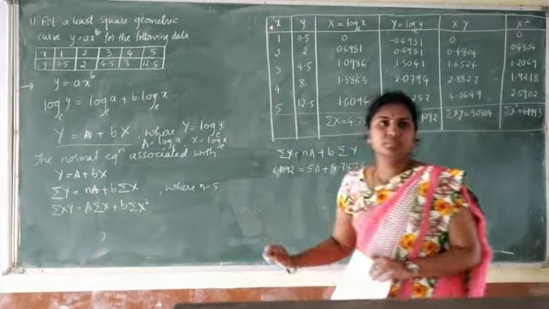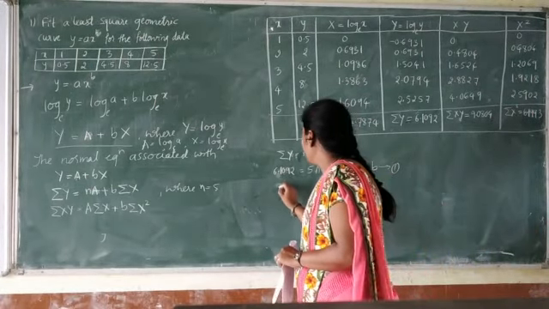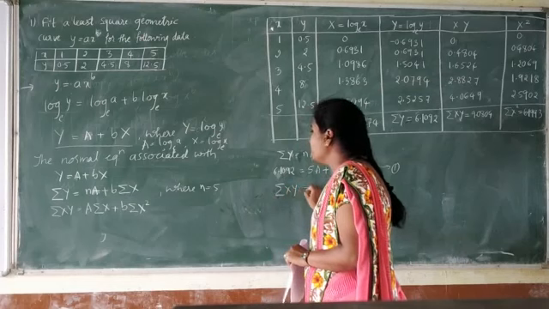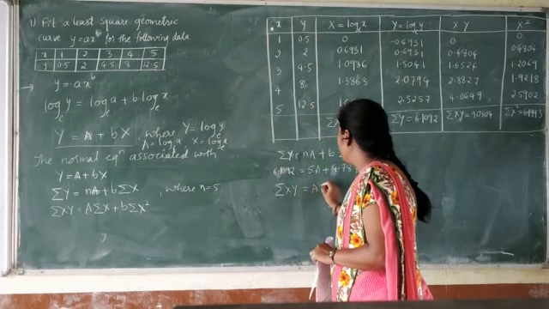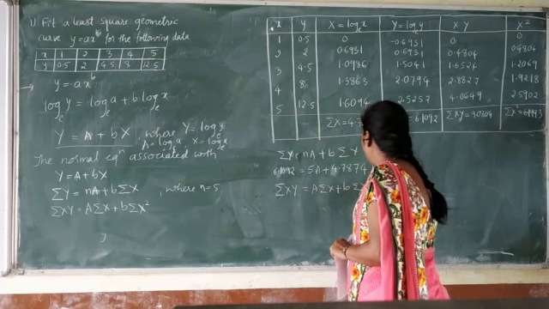Next, summation of xy is equal to A into summation of x plus B into summation of x square.